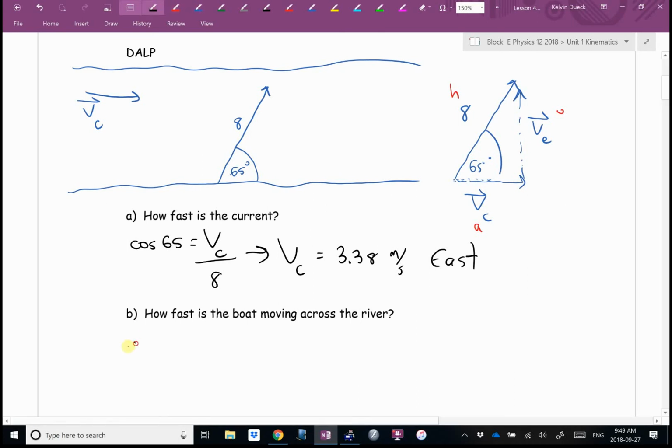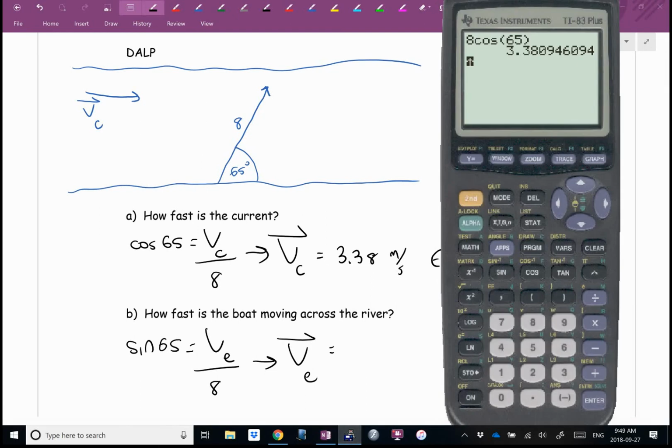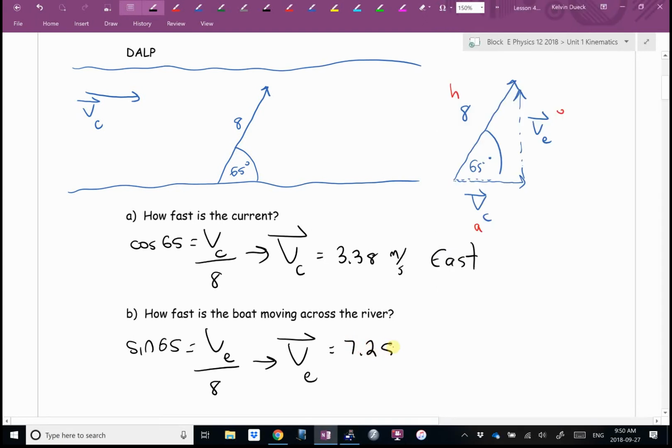Oh, cool. Almost the same trig as before. I think I could just backspace and change the sine to a cosine conveniently, and I get 7.25. And you know what? There's a 0. That's probably a good place to round off as well. Meters per second north.